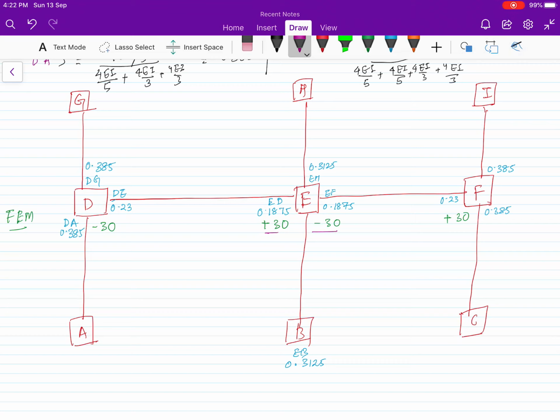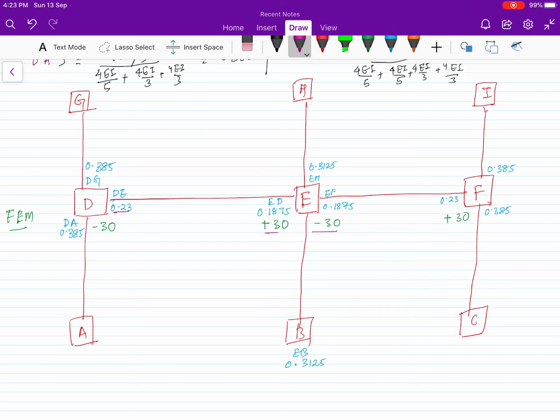But coming at D, we have minus 30. So we have unbalanced moment. So this minus 30 will be distributed at all these three members like DA, DE and DG to make it balance. So what we do? Minus 30 into 0.23, this distribution factor.